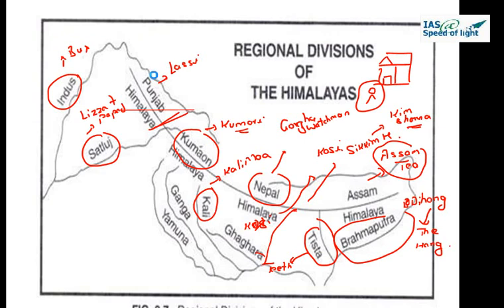Now we come to the Trans-Himalayas. We were studying the main Himalayas, and now we are going to the Trans-Himalayas, which are also known as the Tibetan Himalayas. Three very important ranges. You have to note it down.